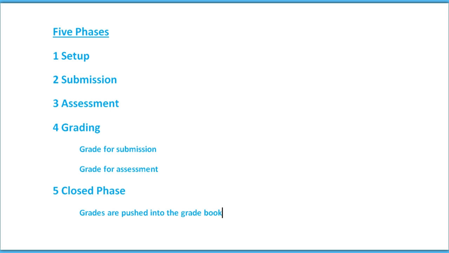There is a grade for submission of one's work and a grade for the assessment, that is, how learners assessed other learners' work. The computer does the calculations here. The teacher can always override the computer's decisions. The last phase is the closed phase, where the grades are pushed into the student's grade book.